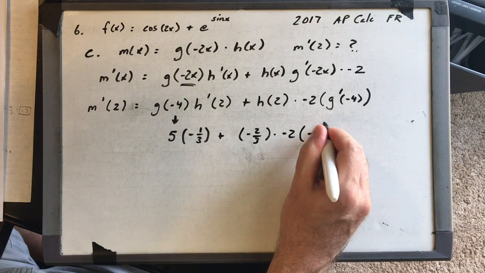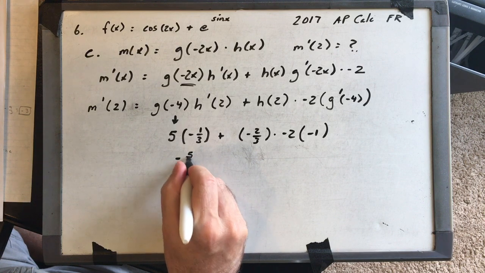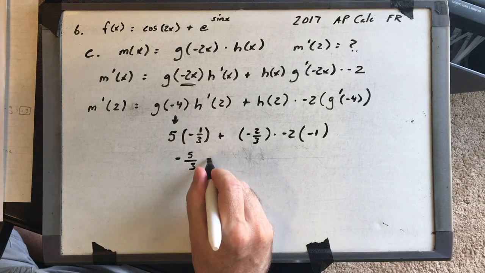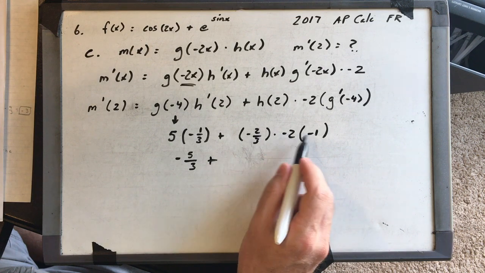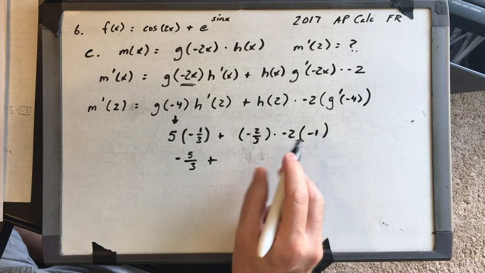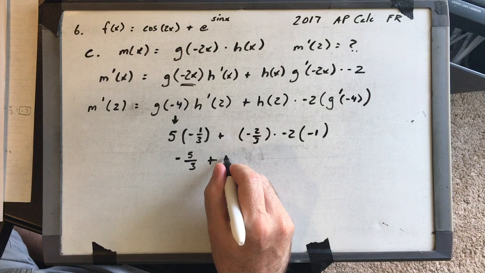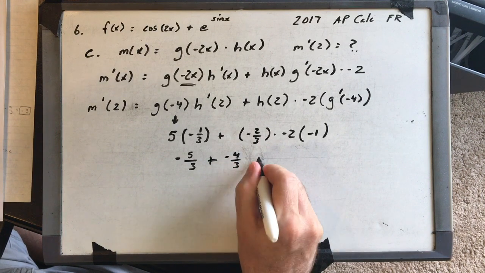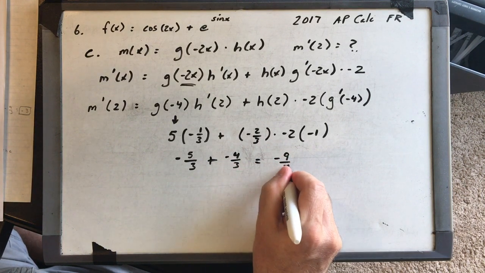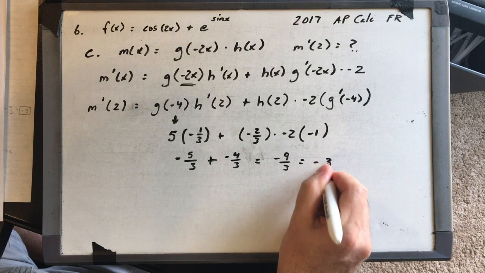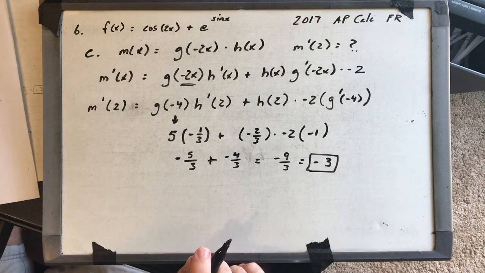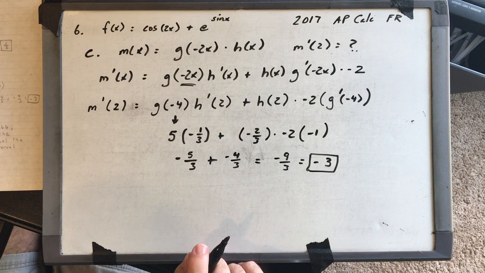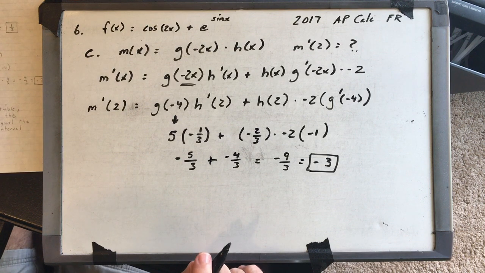That's negative 1. So that's negative 5/3 plus, all right, negative times negative times negative will be negative 4/3, which is negative 9/3, which is negative 3. Goodness gracious. All right, doable, but easy to get lost there in the mess.